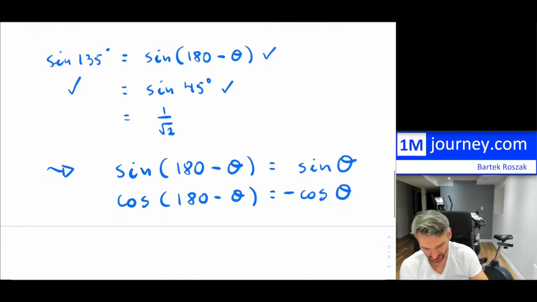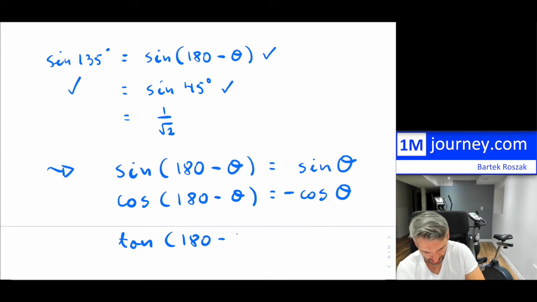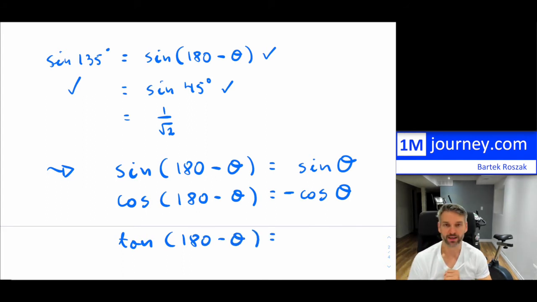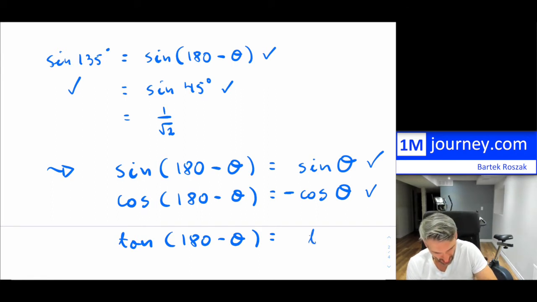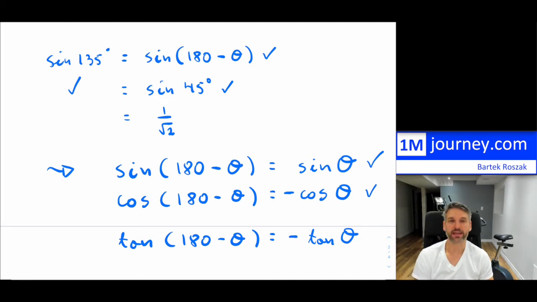And now tangent. For our tangent of 180 minus theta, because tangent is just opposite over adjacent, or sine over cos, right? What that means is you can take the tangent of the angle and it's going to be negative.